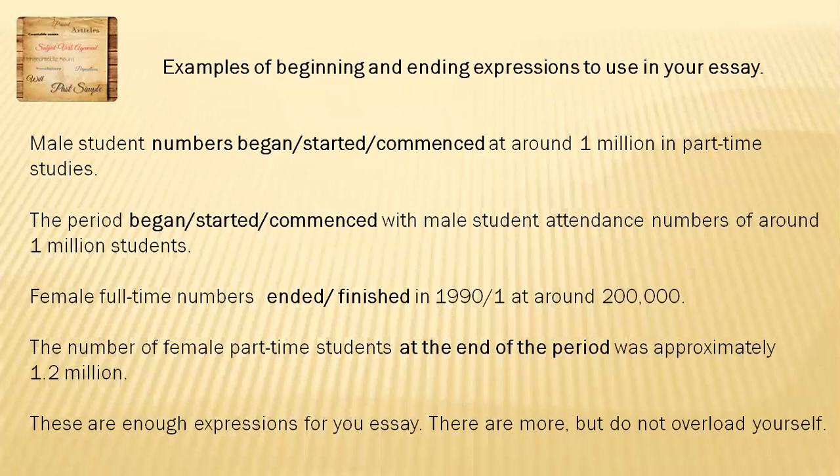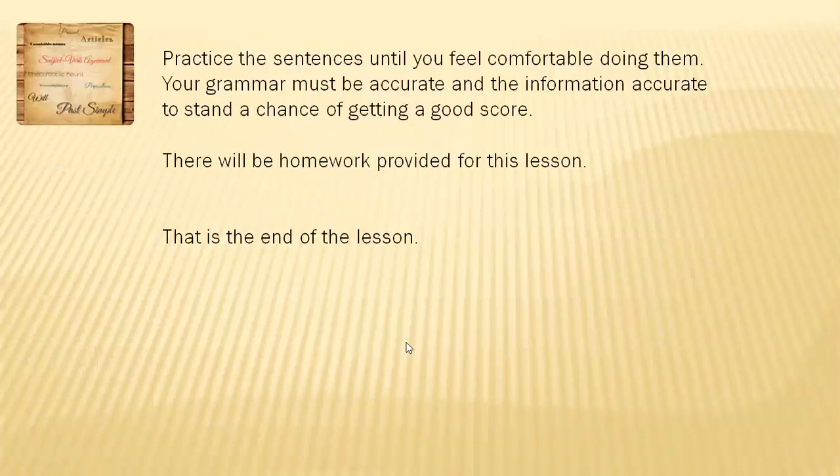Settle on a few ways to do something and practice those things until you're comfortable. And as I've just mentioned, practice the sentences until you feel comfortable doing them. Your grammar must be accurate and the information also accurate to stand a chance of getting a good score.